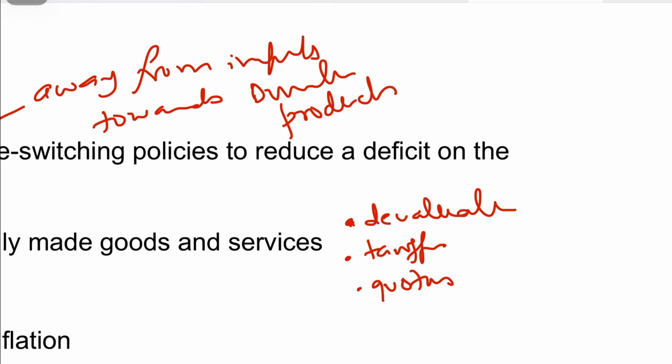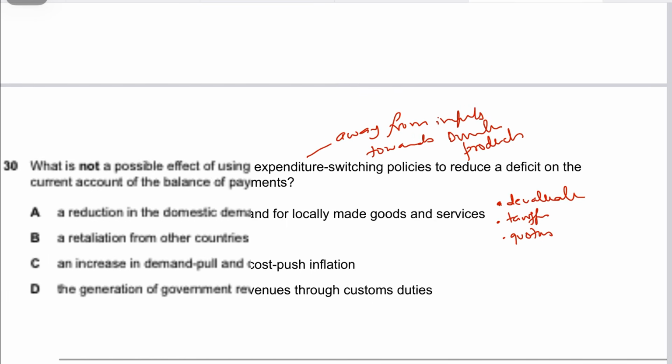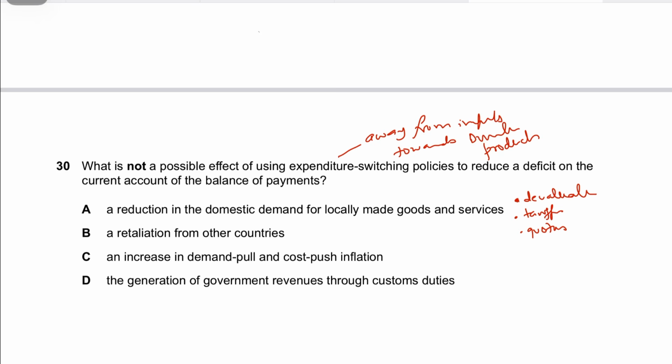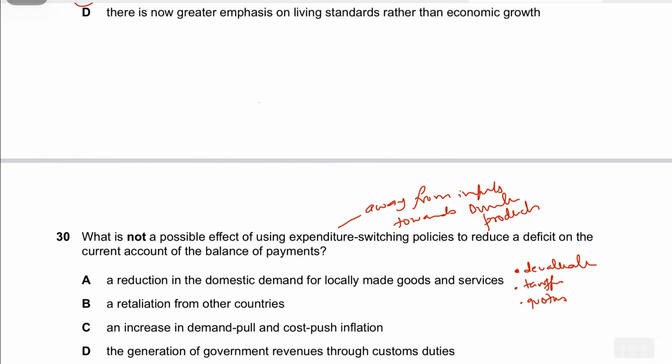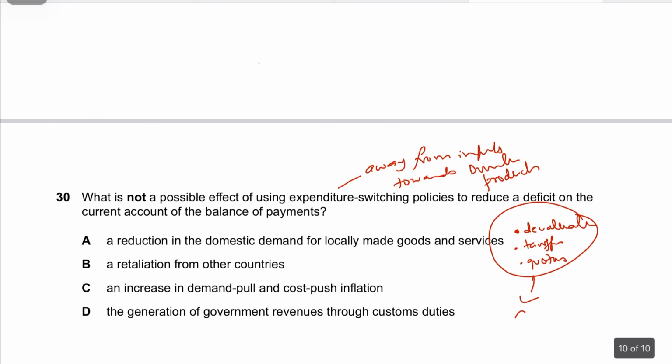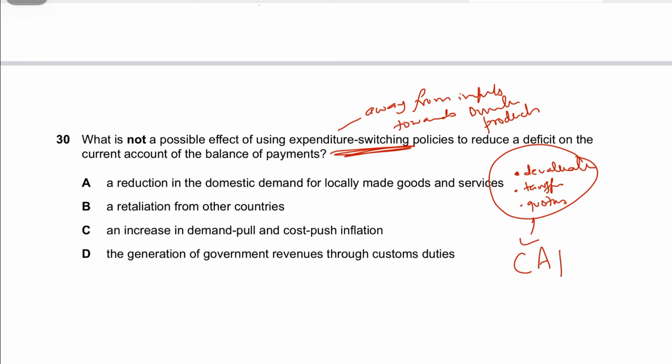Some old MCQs might say that a central bank might depreciate, so they're actually talking about devaluation. So don't worry about that. Devaluation is an artificial reduction when a central bank intervenes, while depreciation is in a floating exchange rate, happening automatically. The goal of expenditure switching policy is to improve the current account position.